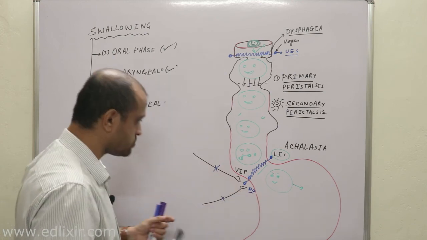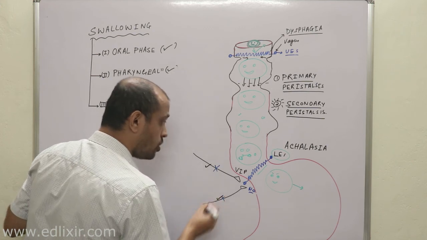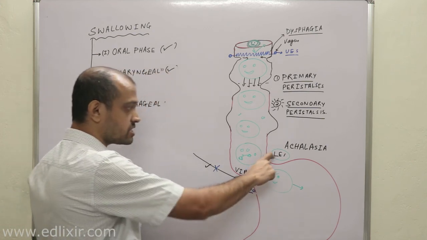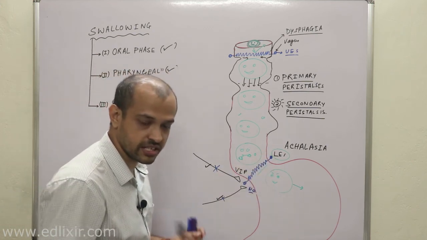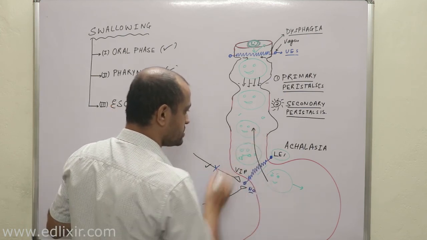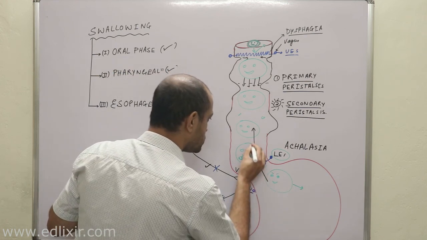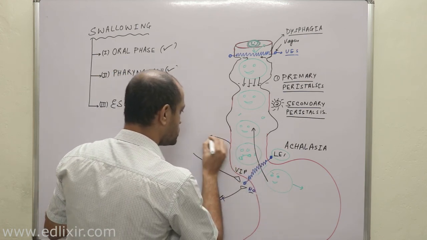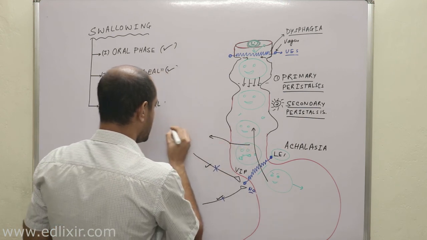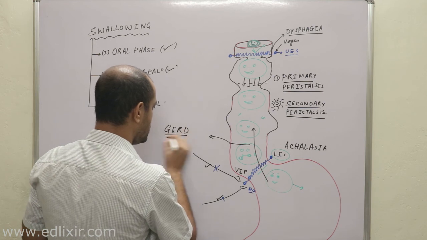Now, in many persons, these neurons may overfire, or those neurons which help in contraction of the lower esophageal sphincter are lost, okay. Therefore, food may enter the esophagus. Whenever this occurs, this is called gastroesophageal reflux disease, or GERD.